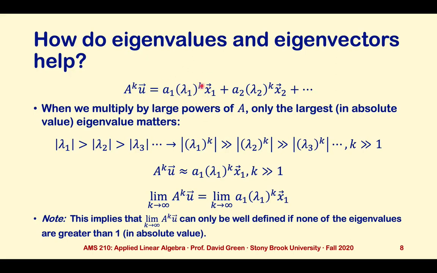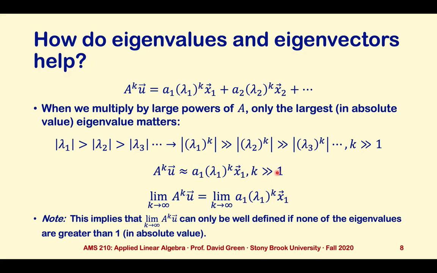If lambda 1 to the k is much, much bigger than all of the other lambdas, then A to the k times u is dominated by this piece, and we can ignore most of the other terms with a small error. We can say that A to the k times u is approximately equal to just the first term when k is much bigger than 1.